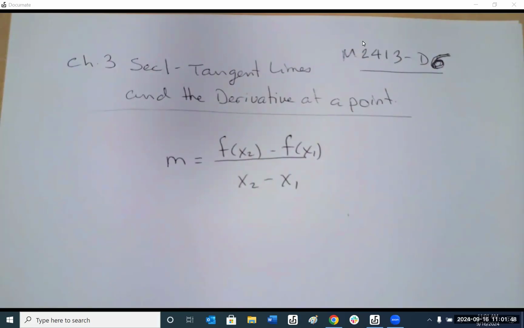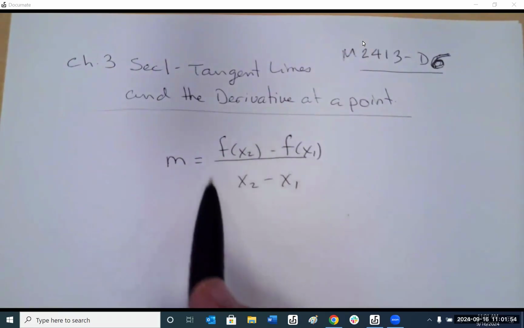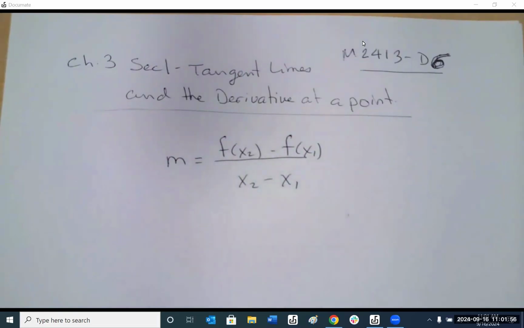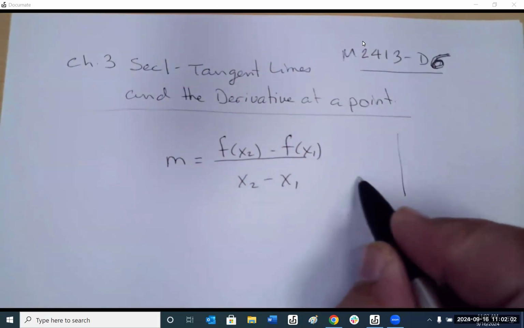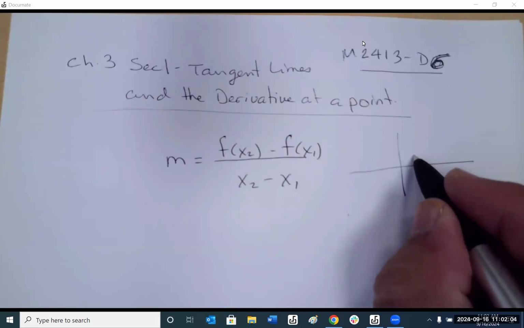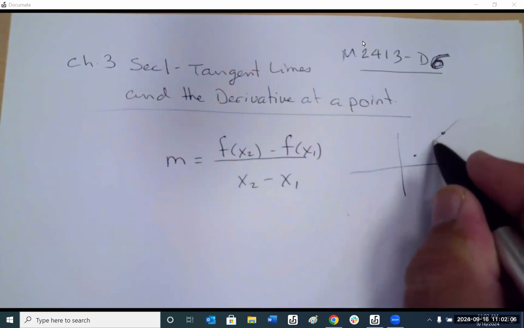Anybody in a Calculus 1 class? This is the equation for a slope from algebra. Because what this requires are 2 points.